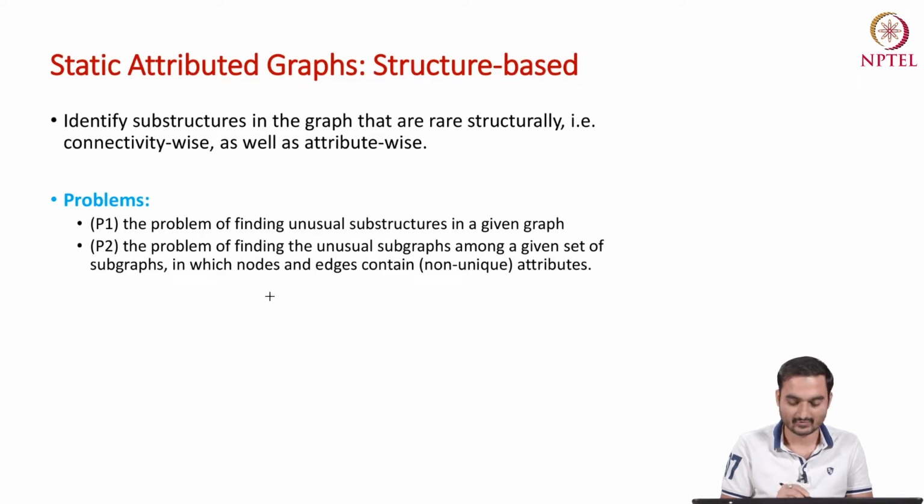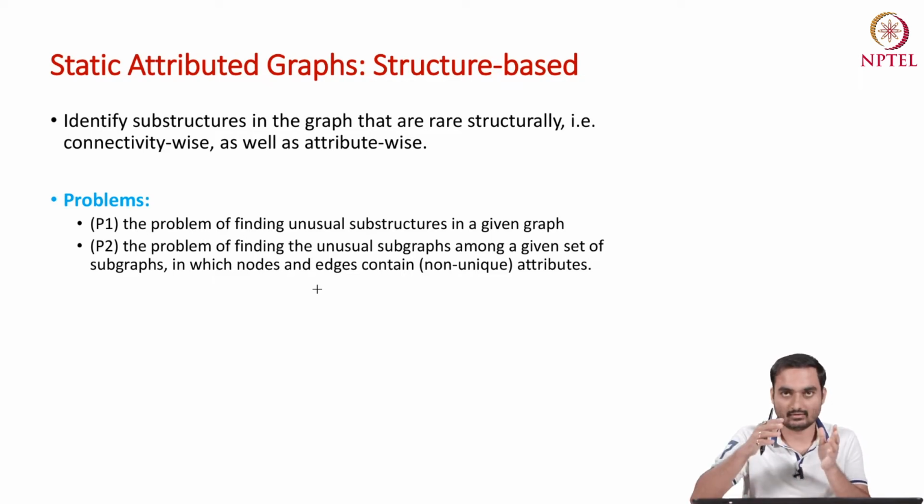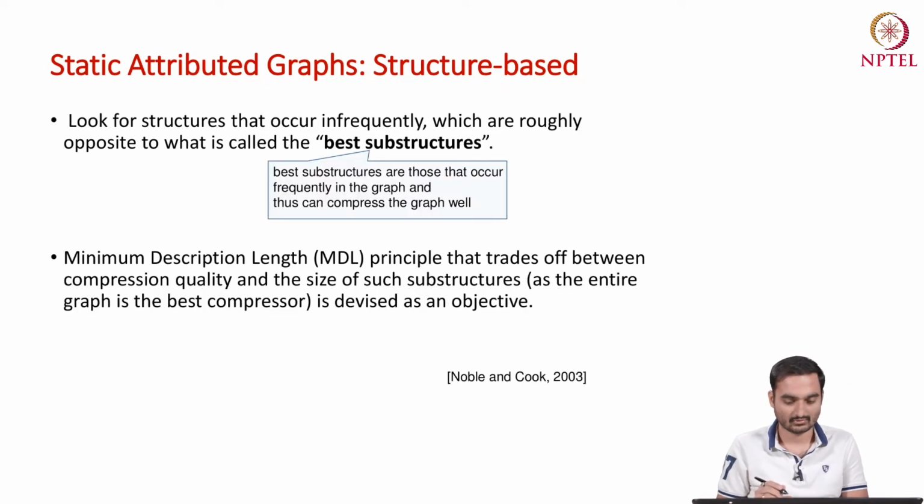Nodes and edges contain unique and non-unique attributes. If you look at the unusual substructures, possibly the attributes are very unique, but there are some nodes whose attributes are non-unique, and we identify those as outliers.